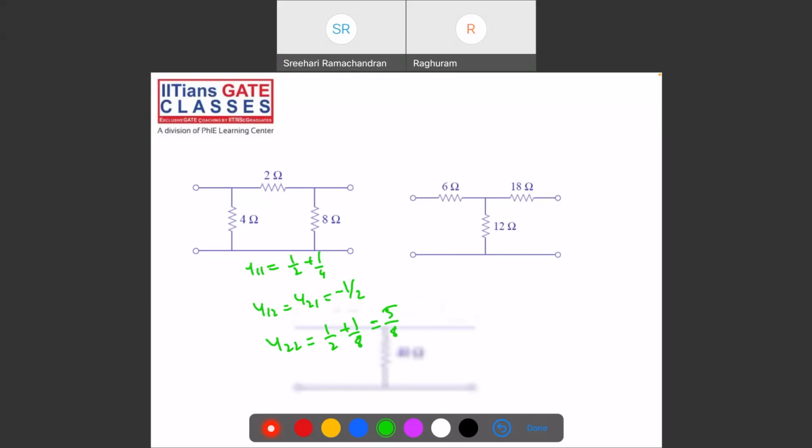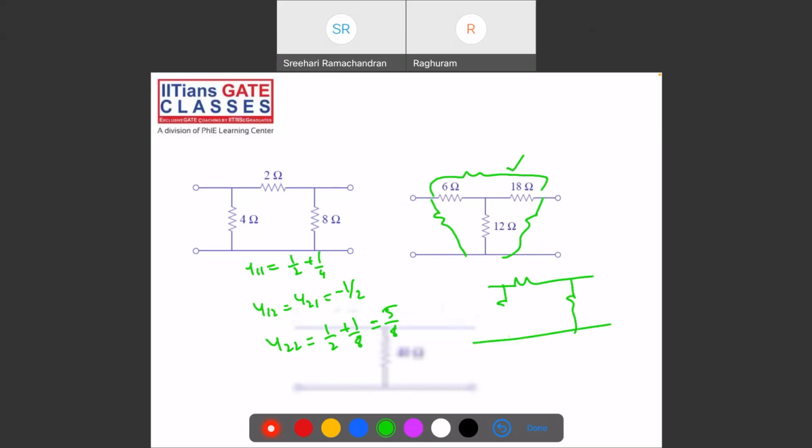Tell me the y parameters for this. Again, you can use the formula and do it, or find the z parameters, because it's a T network. Finding z parameters and finding the inverse of the matrix is simpler. Or you can convert this star to delta, and you'll again get a pi network.